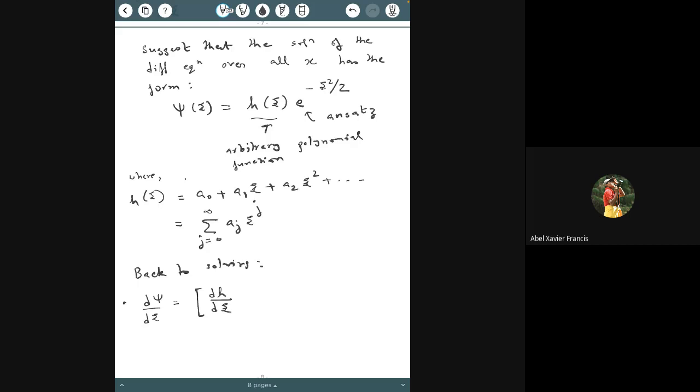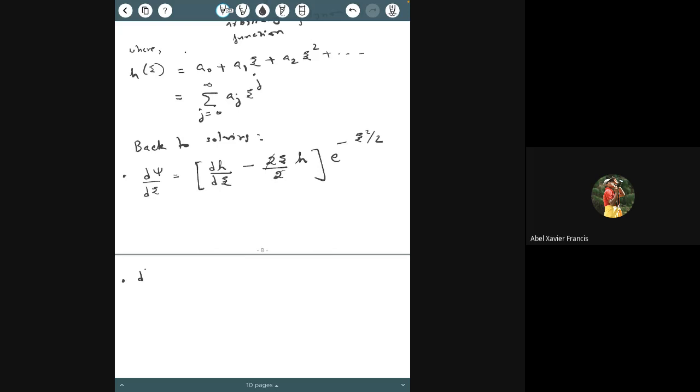d h d psi. That's from the first term. And from the second term, we get minus 2 psi by 2 h. First derivative. Now the second derivative. Okay, so the first term is this d h d psi multiplied with exponential. So I'll keep the exponential outside, because I'll always get it.